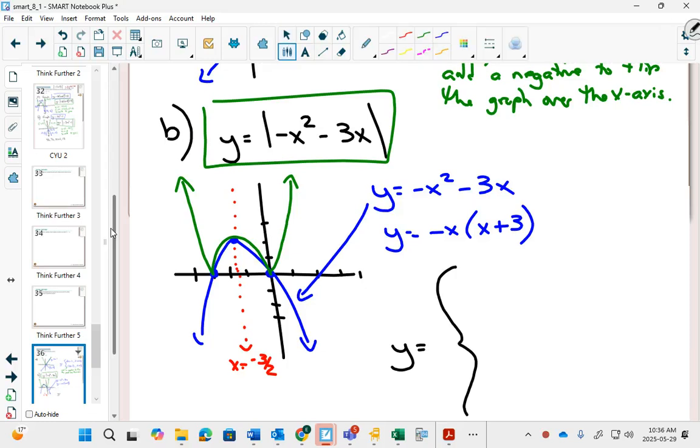Then for a piecewise function, I'm going to break this up into 3 pieces, okay? I'm going to start from the left and move to the right. Our first piece got flipped up. So I'm going to take my original equation, which was negative x squared minus 3x, put it in brackets and put a negative in front of it. And my first piece was with x less than or equal to negative 3.